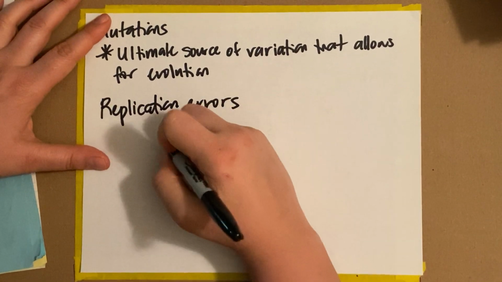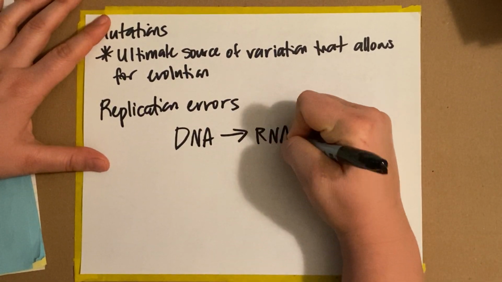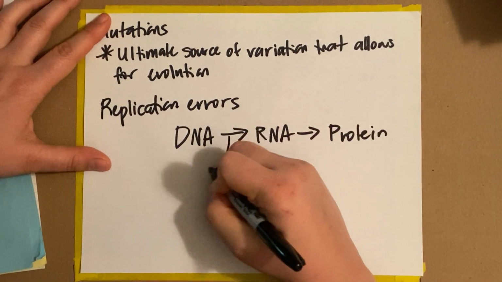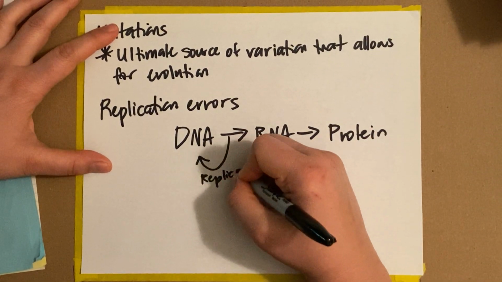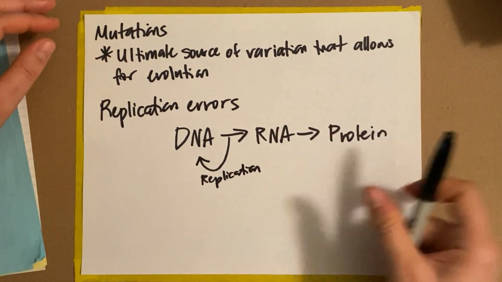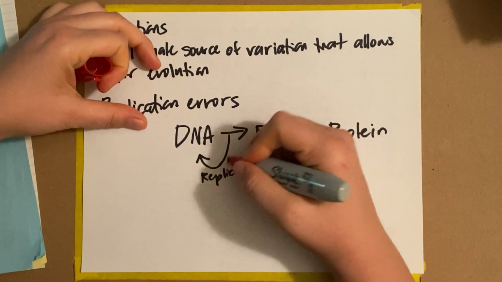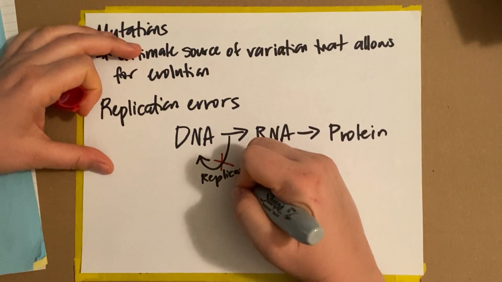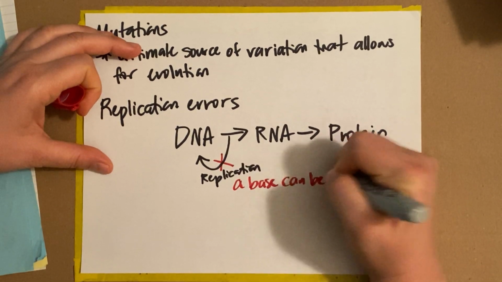Remember when we have our central dogma, replication is where most of the mutations take place. During this process, something can go wrong and a base can be mutated.